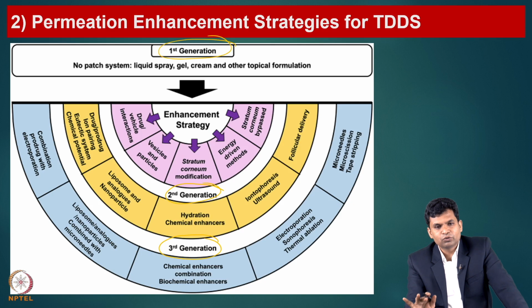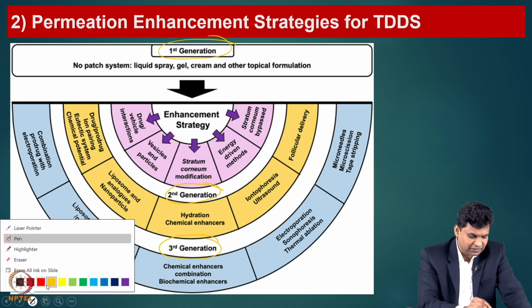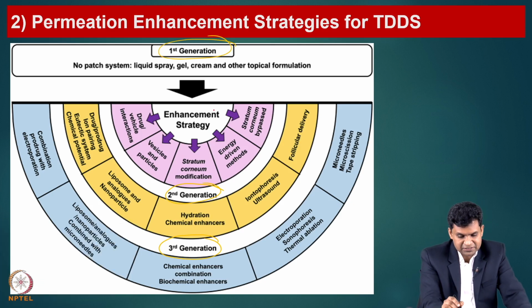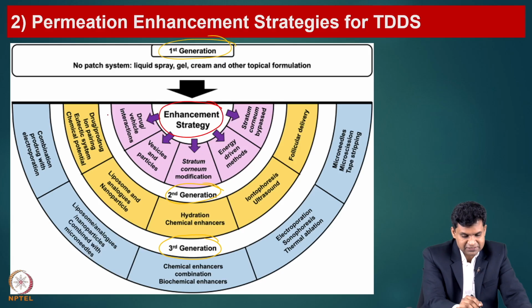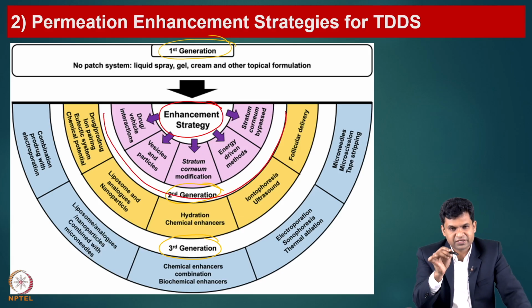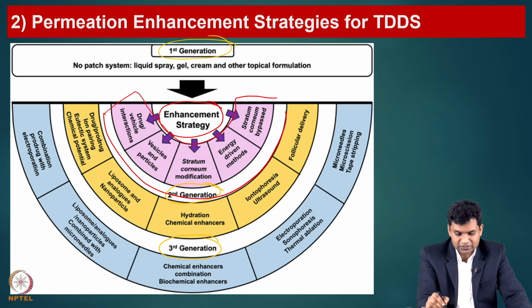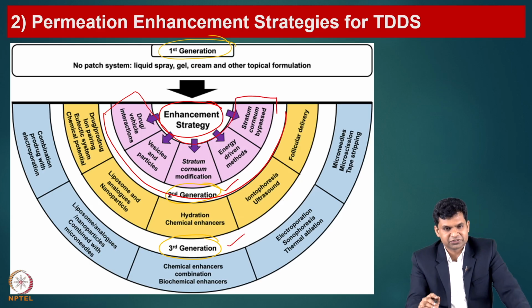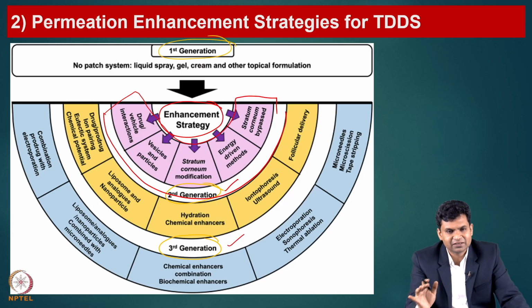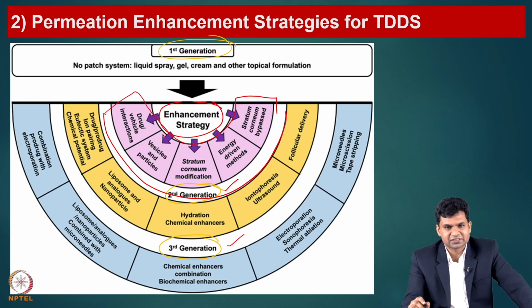But today we are going to focus on classification based on these enhancement strategies. So, if I cover this, you will definitely understand what further advancement is happening in the second and third generation. We are going to see the various enhancement strategies in great detail.